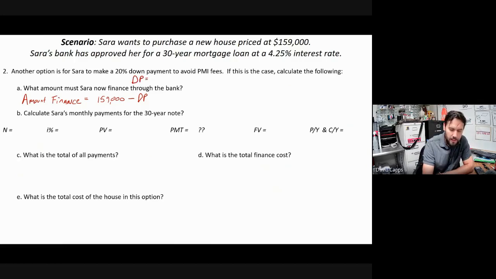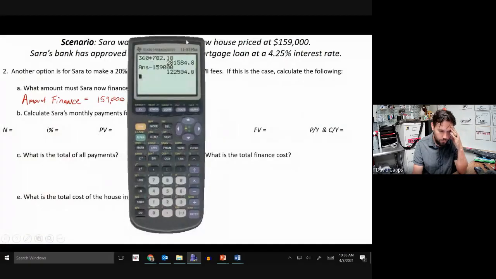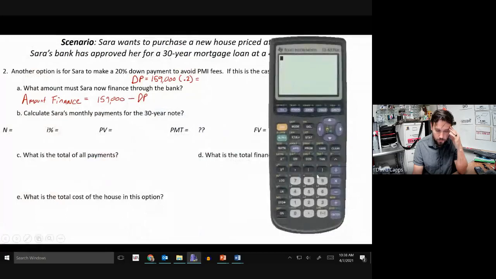Her down payment is 20%. So we're going to take 20% of the whole thing: 159,000 multiplied by 0.2. We want 20% of it. So let's calculate that out. $31,800.